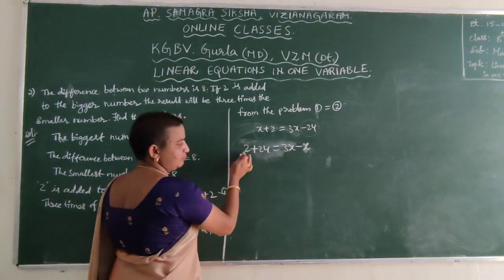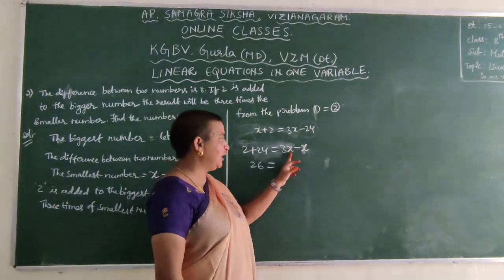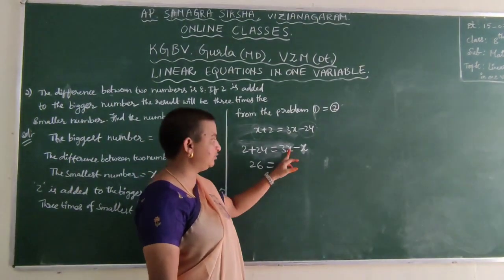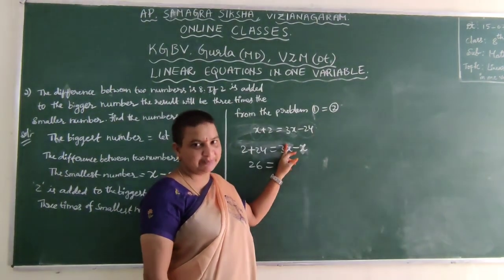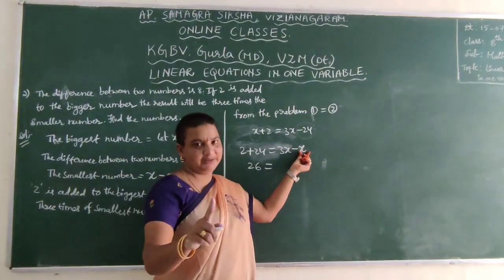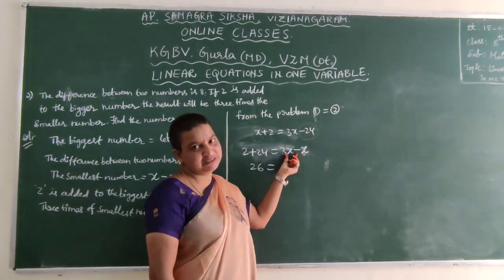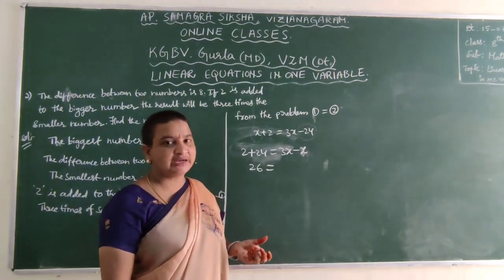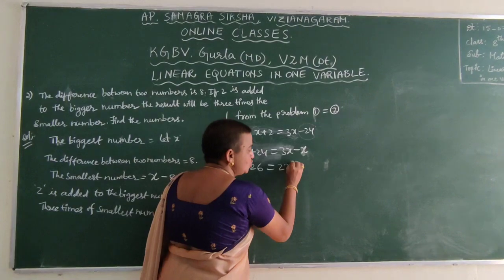So 24 plus 2 is 26. Think of x as apples. Here are 3 apples and here is 1 apple. If we subtract 1 apple from 3 apples, how many apples do you get? 2 apples. So 3x minus x means 2x.